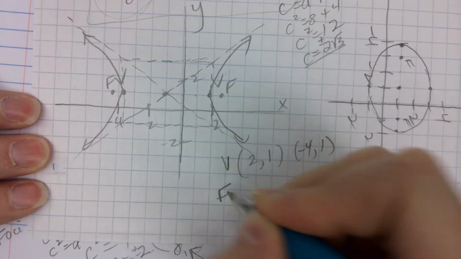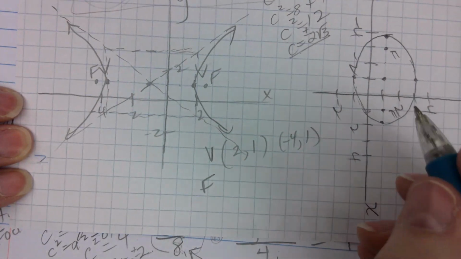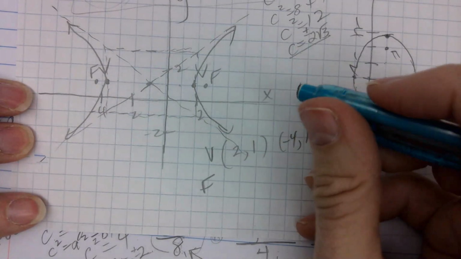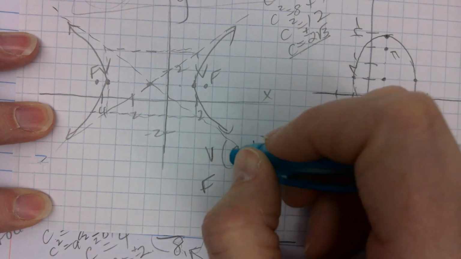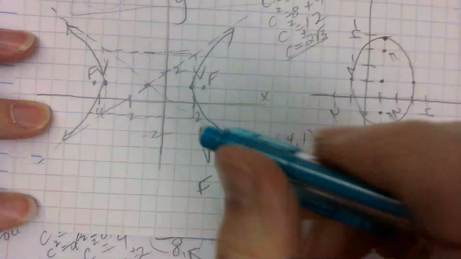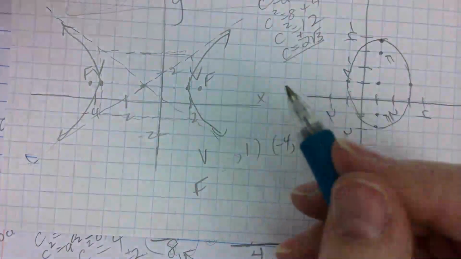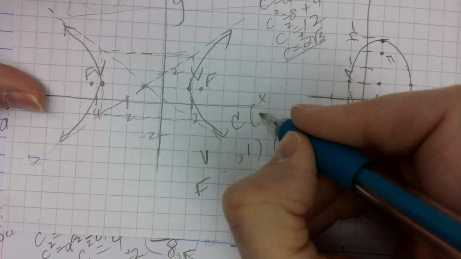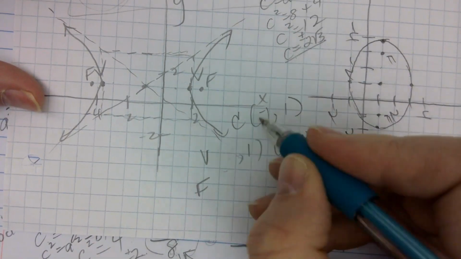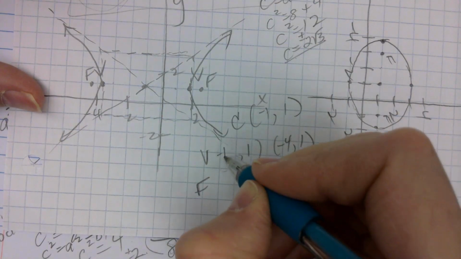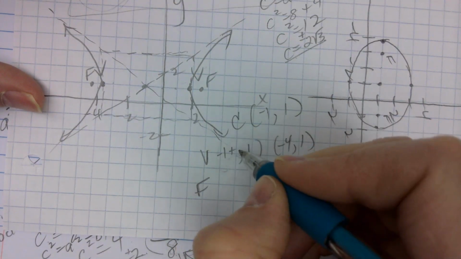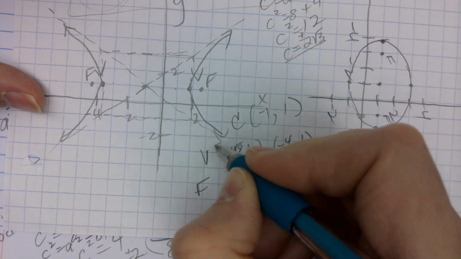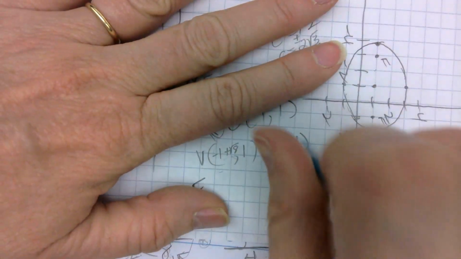Or it's not 2, 1, it's, the center was -1, 1. So go from -1, so -1 plus root 8 and -1 minus root 8. You're exactly right.